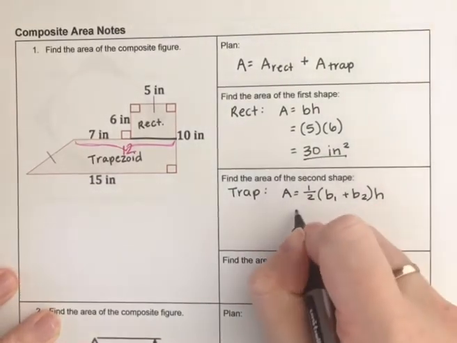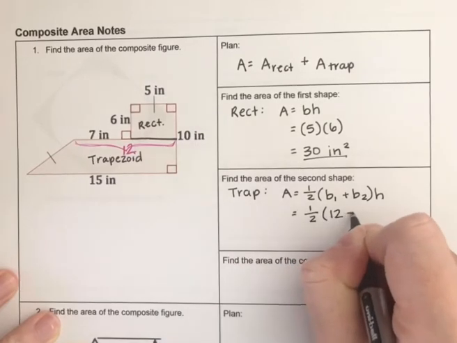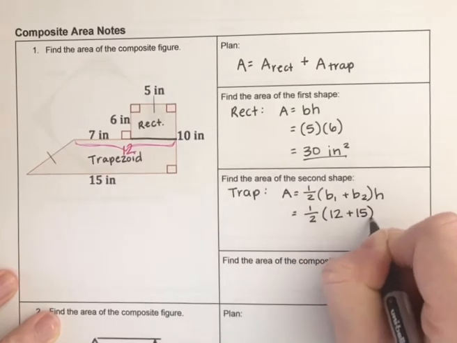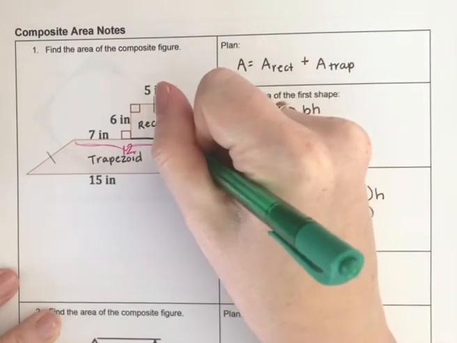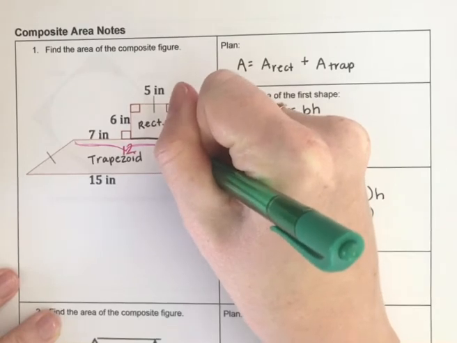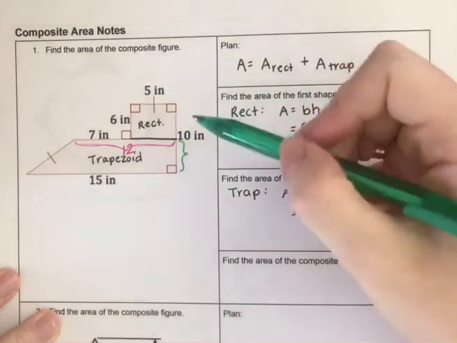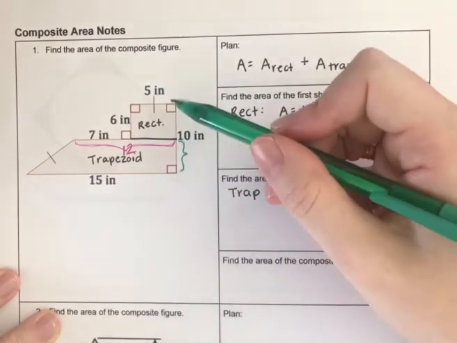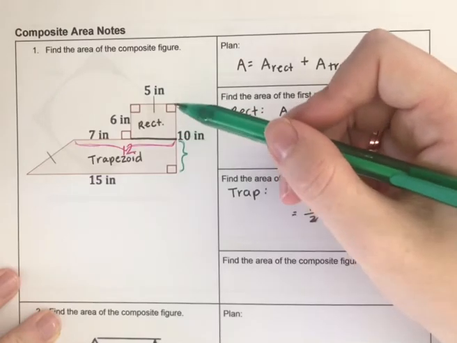So for my B1 and B2, those are going to be 12 plus 15. And then the height of my trapezoid is the distance between my two bases, so this distance right here. Now, I know that all the way from top to bottom is 10, and I know that this part right here is 6.